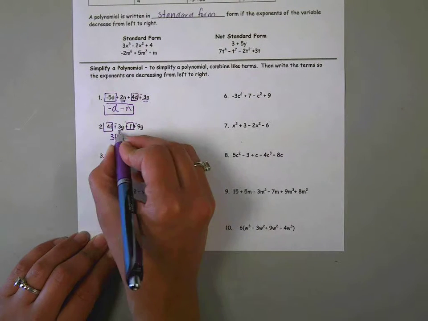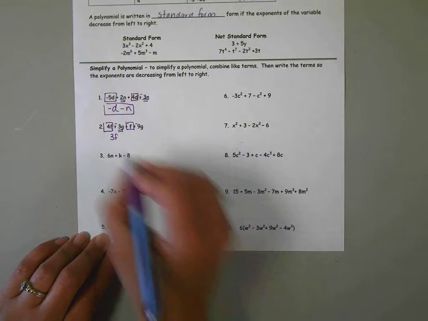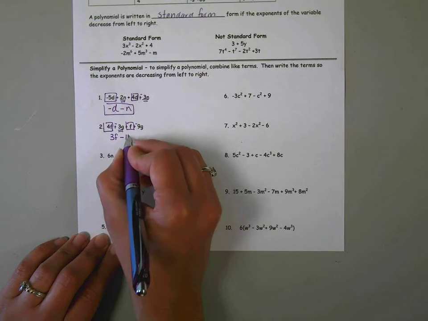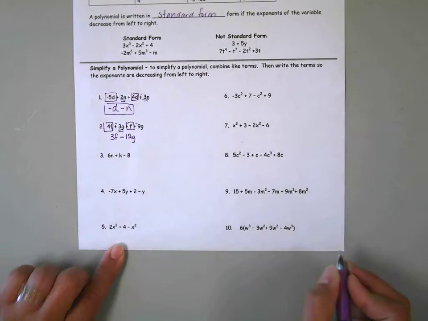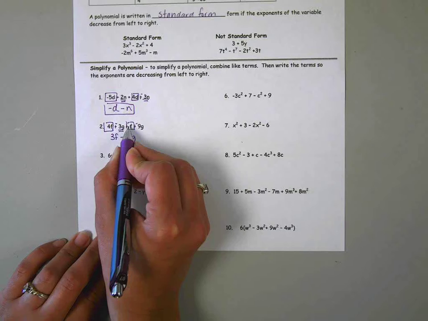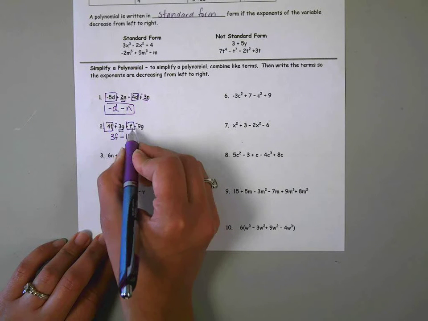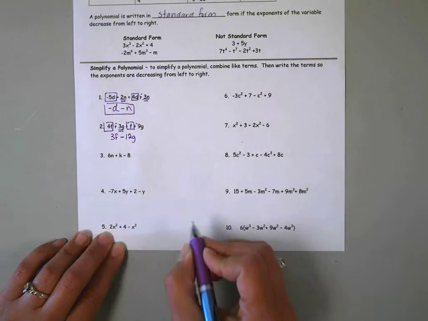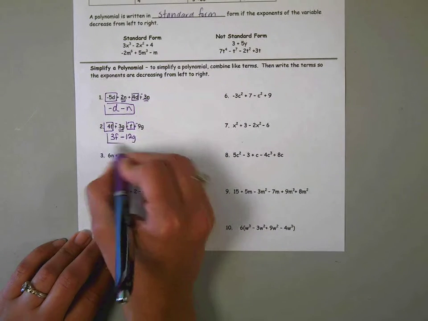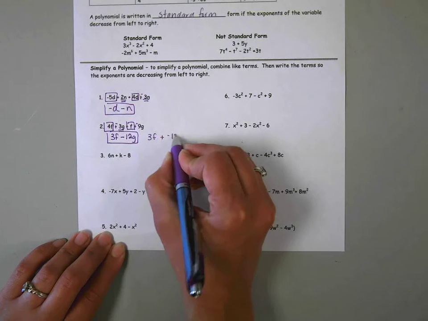And a negative 3 plus a negative 9 is a negative 12g. So we did 4 plus a negative 1, that's a positive 3, and negative 3 plus negative 9 is a negative 12.